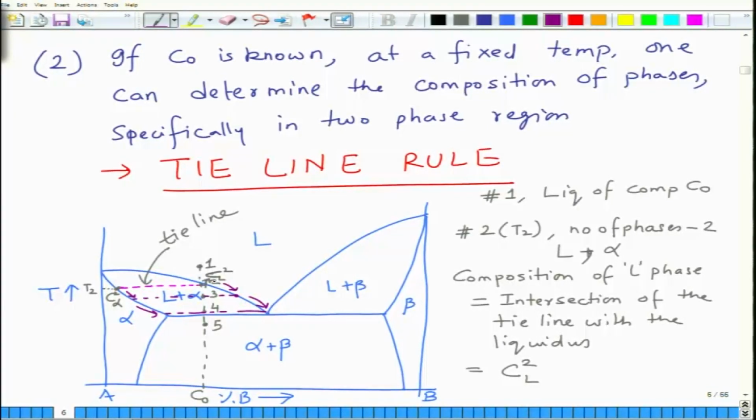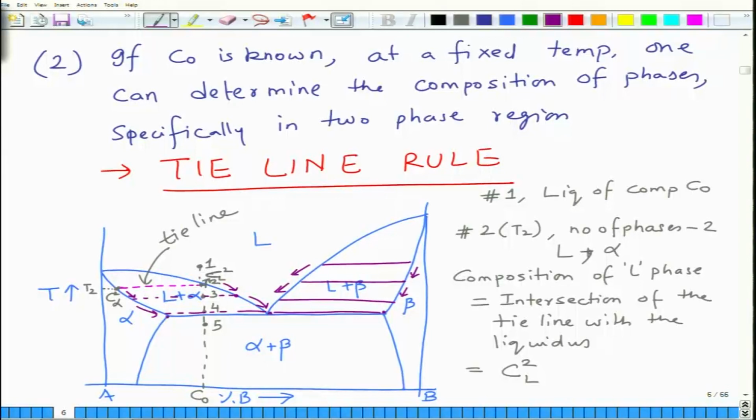The composition of the liquid phase is moving towards the eutectic point as you decrease the temperature, and the composition of the solid phase is moving towards this point, which is the maximum solid solubility of B in A. Similarly, if you are in this regime, your composition will change in this fashion, until you reach this point.